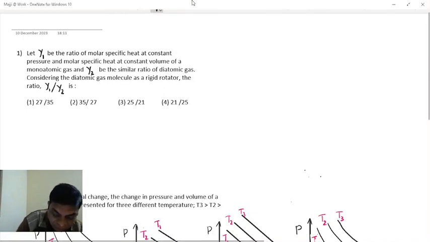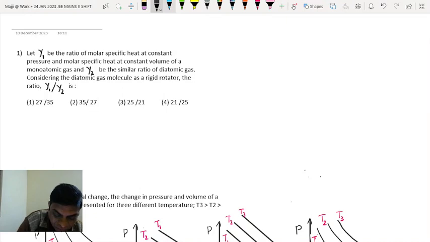Now here we have to understand that the value of gamma in terms of degrees of freedom is this. I hope you know this formula. The value of gamma in terms of degrees of freedom. Here F is the number of degrees of freedom.